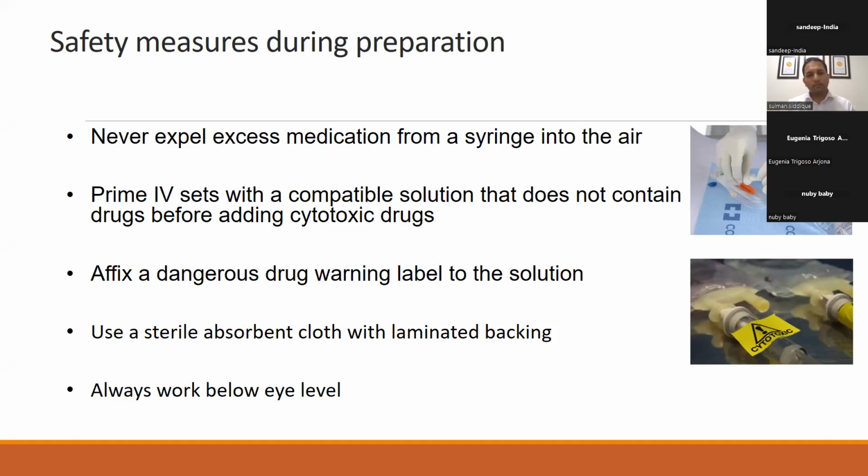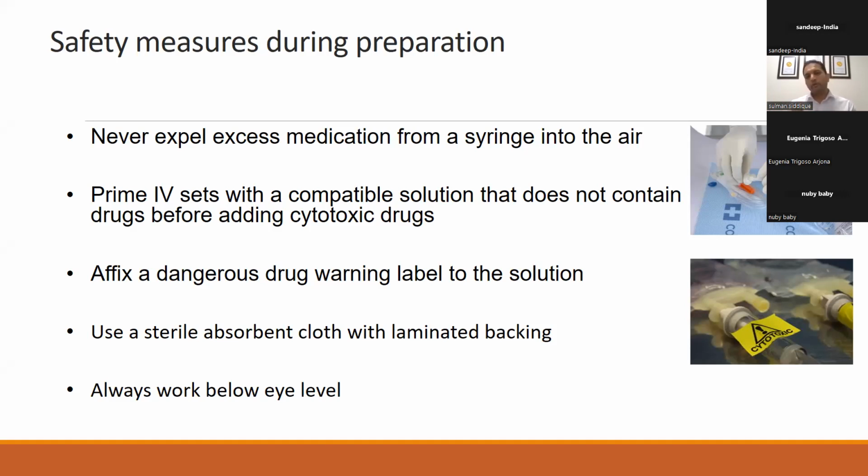Prime IV sets with a compatible solution that does not contain drugs before adding cytotoxic drugs. An example could be you want to give cyclophosphamide in a 100 ml normal saline bag.